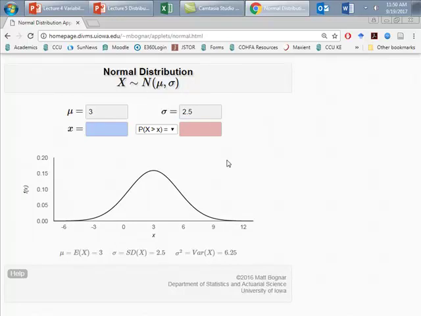All right, so if I want to make this distribution really, really skinny, what should I do? Look what they did. They kept the shape of the curve the same. What did they change?